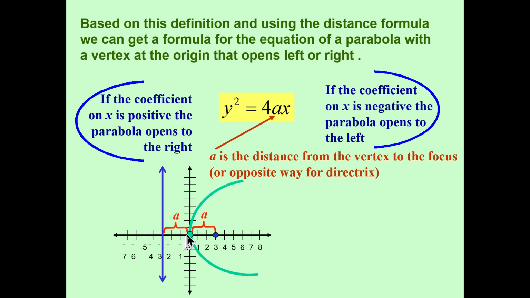They already told us that the vertex is at the origin. a is the distance from the vertex to the focus, and there's our focus from before, and there's our directrix here, a distance a in the opposite direction.